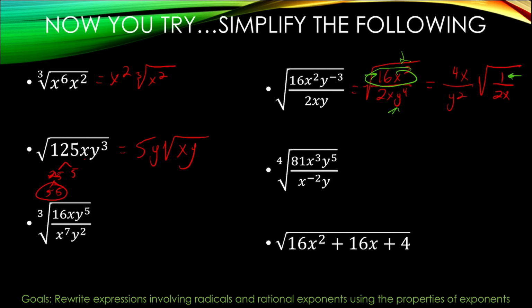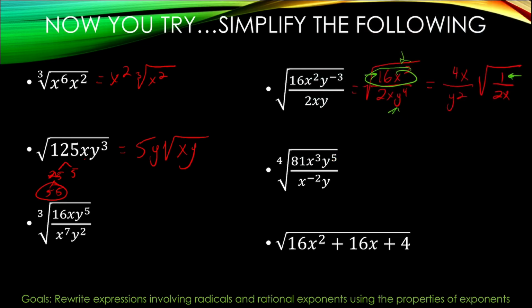Fourth root of 81. It's going to be 3 y. This comes down to 1. X goes up to the 5th. Hold up. Let's rewrite this a little bit.